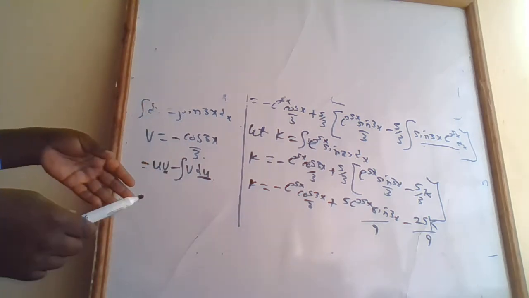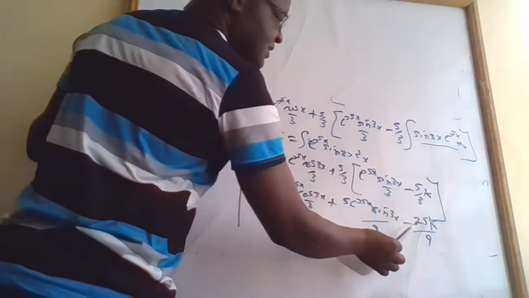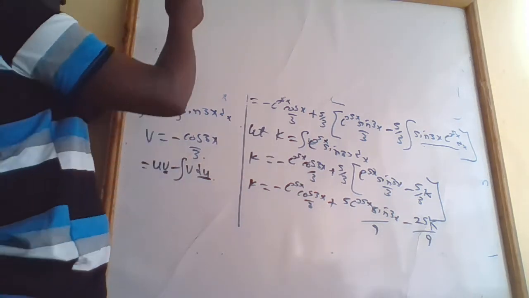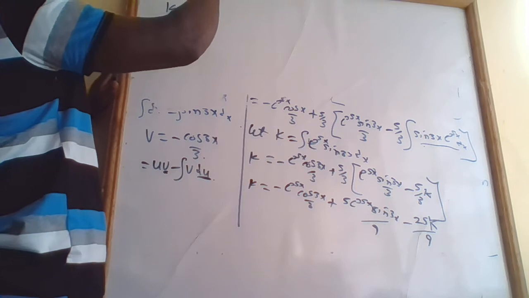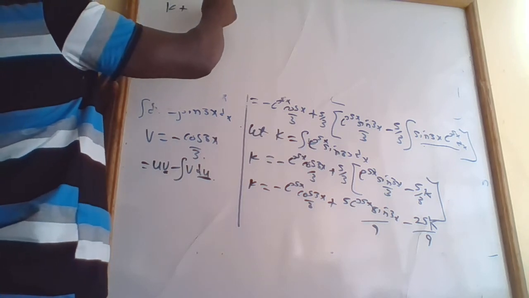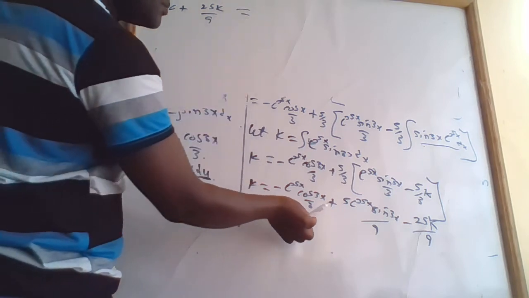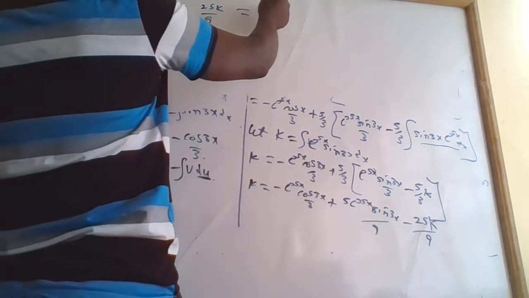So this crosses the equal sign, it's negative, it will be positive. So we have k plus 25k all over 9.